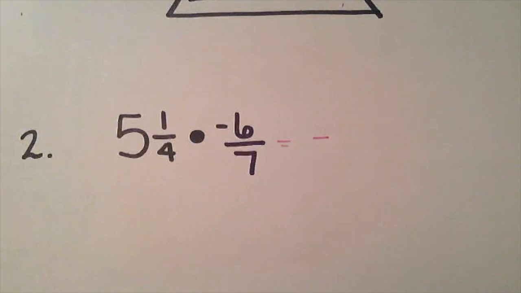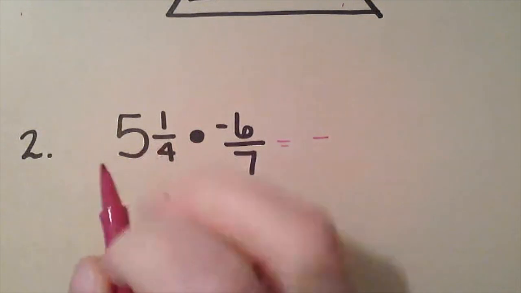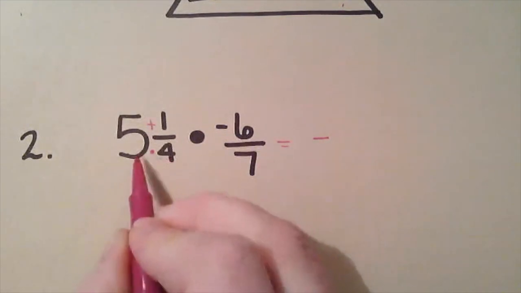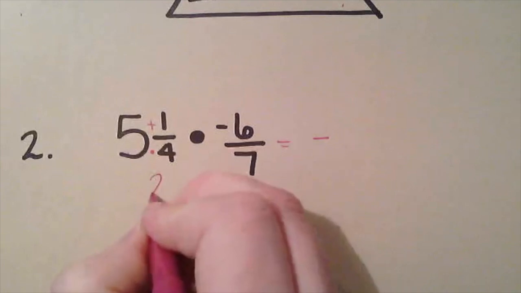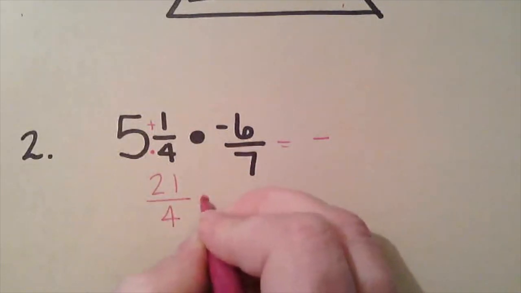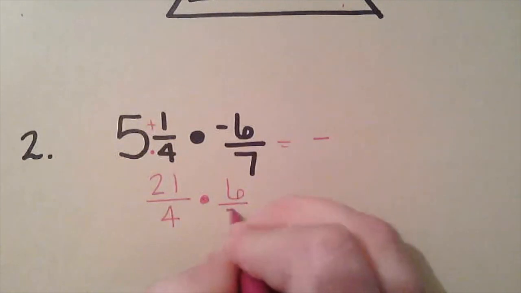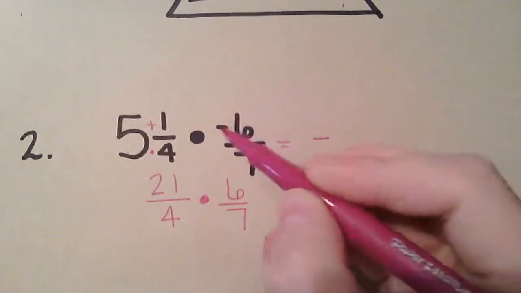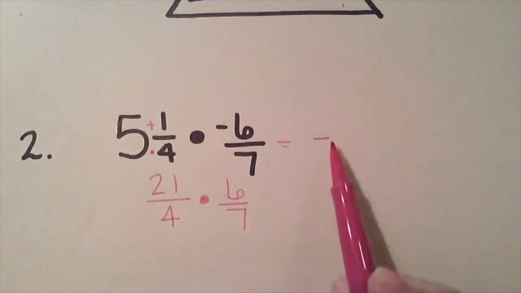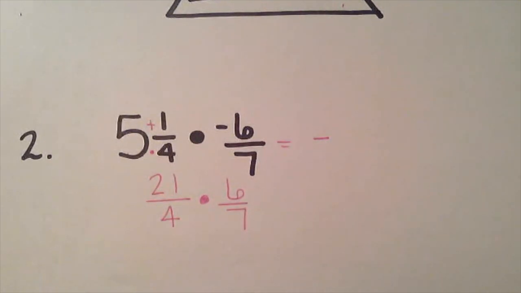Now the next thing I have to do, this is multiplication, so I have to change my mixed number into an improper fraction. 4 times 5 is 20, plus 1 is 21. Keep the same denominator. Now when I bring down my 6/7, I can bring down the negative, or I can skip it because I've already put my negative sign in my answer. I'm going to let that be your choice.